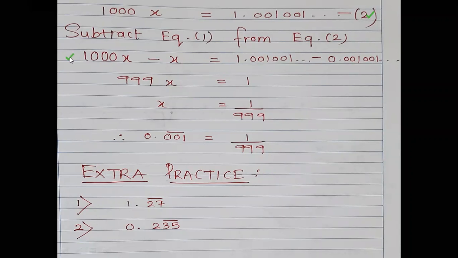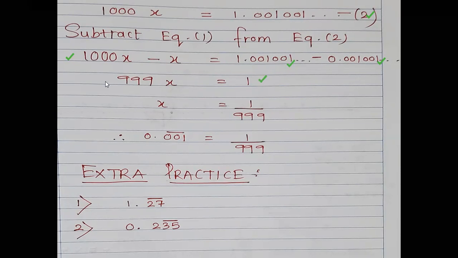So 1000x minus x is equal to 1.001001 dot minus 0.001001 dot. So 1000x minus 1x is 999x. And this when subtracted gives you 1.